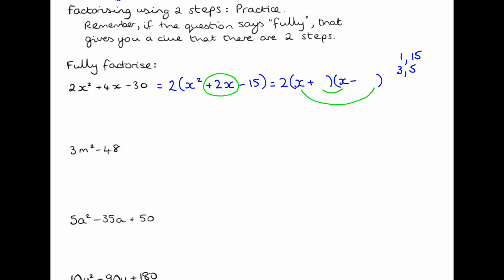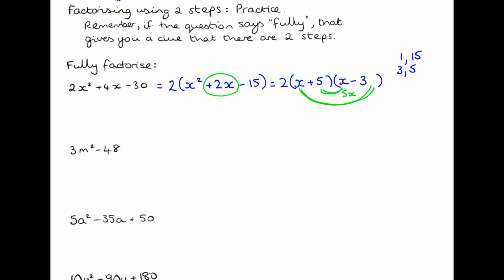So it must be the 3 and the 5. Remember, we want a combination of positive 2x, so the bigger number has to go with the plus. So we put the 5 in here and the 3 in here, and then we check our multiplication. 5 times x is 5x.